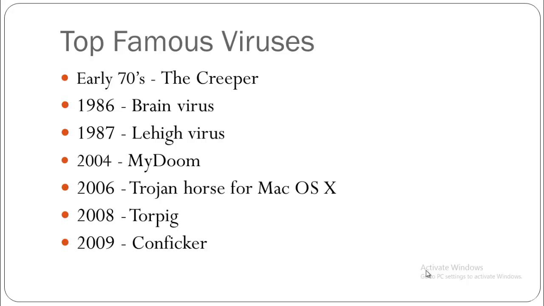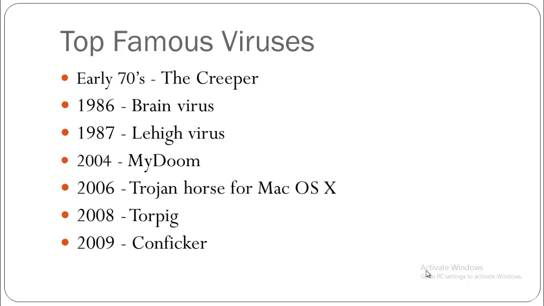After that, we had the Lehigh virus in 1987. It was the first memory resident file infector that attacked all executable files and took control when a file was opened and whenever it was closed. Later on, we had the Jerusalem virus, which I have not yet mentioned over here. Jerusalem virus had bugs inside that reinfected files that were already infected.